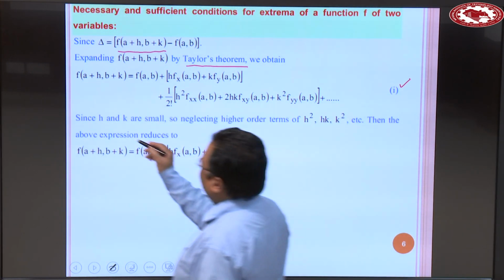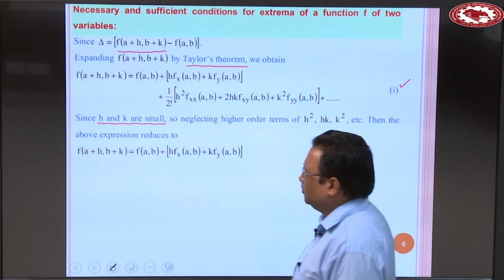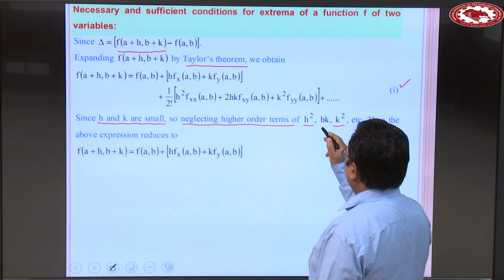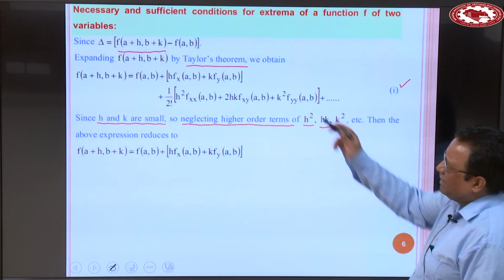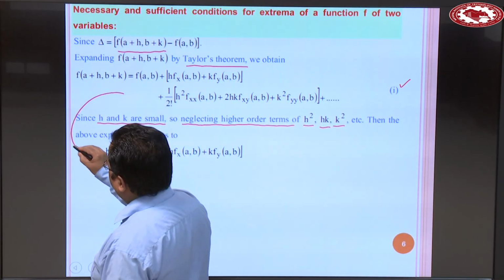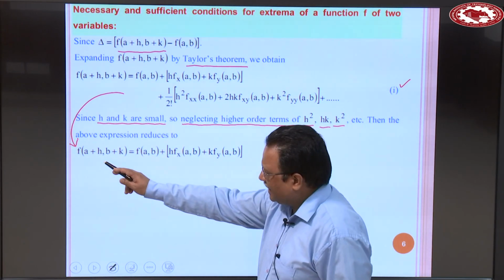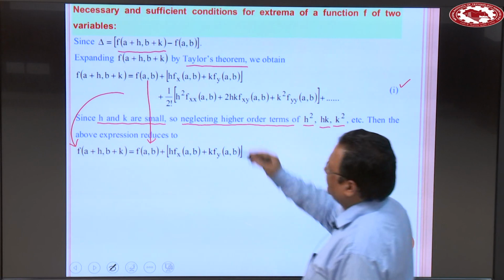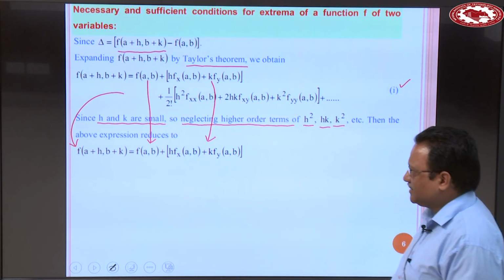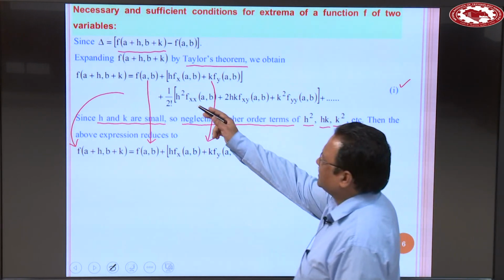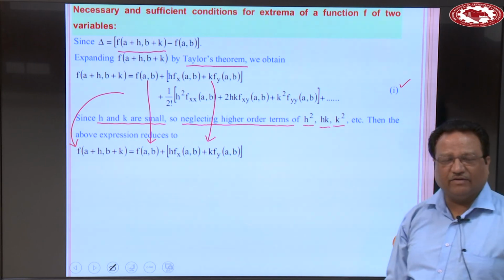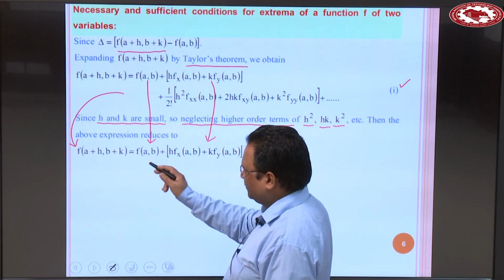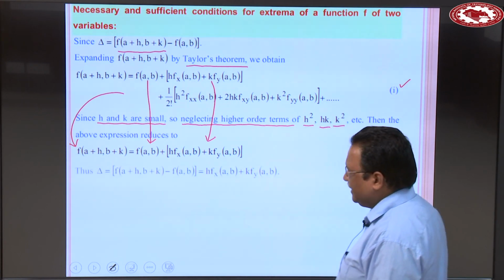Now, since h and k are very, very small, neglecting higher order terms, that is h², k², hk, etc., the above expression reduces to f(a+h, b+k) equal to f(a, b) as it is, plus h f_x(a, b) plus k f_y(a, b), and all the other terms we can ignore because h and k are very, very small, so their squares and higher powers can be neglected.